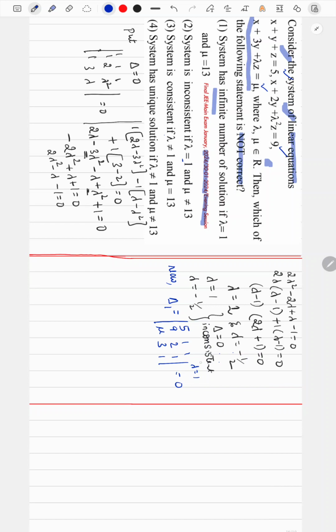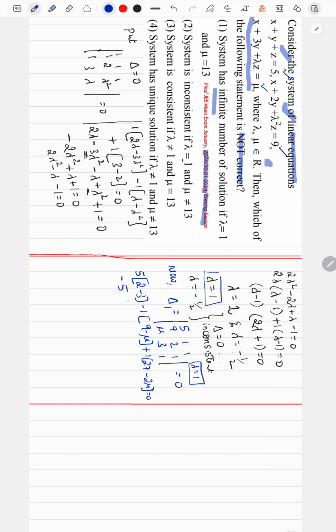Take λ equals plus 1 in this case. Here we got two λ values, no? λ equals 1 and λ equals minus 1 by 2. Take λ equals 1 in this case. Now solve this determinant. 5 into (2 minus 3), minus 1 into (9 minus μ), plus 1 into (27 minus 2μ), equals 0.